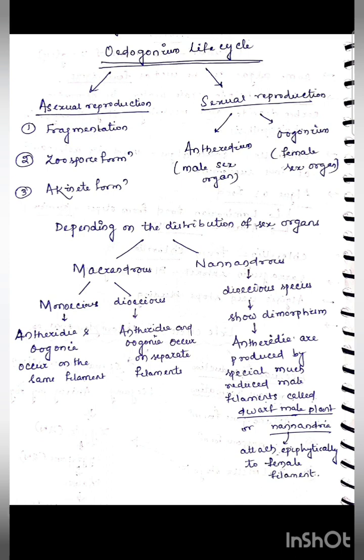Then another kind of species in which androsporangia are borne on a separate filament is known as idioandrosporous, and that separate filament bearing androsporangia is known as androsporangiate. The female filament or oogonial filament bearing nannandria is called idioandrosporous nannandrous filament. This is a very simple thing.